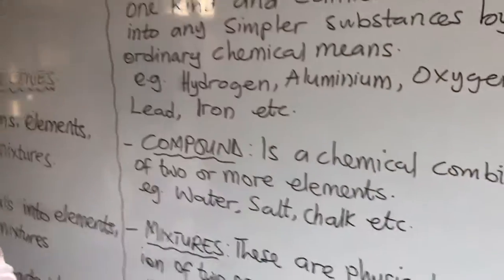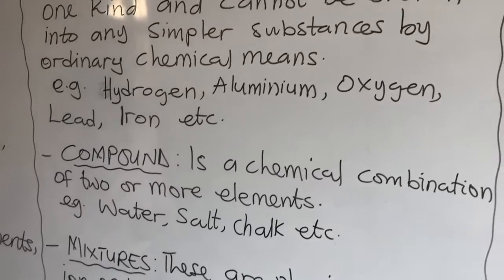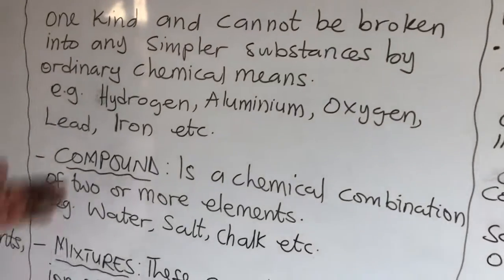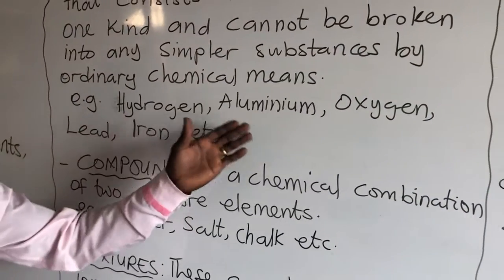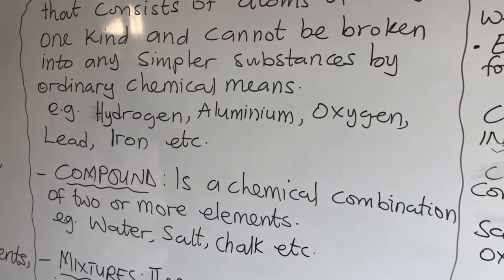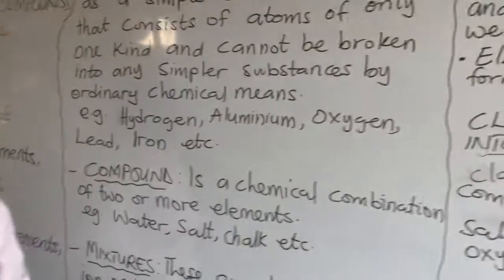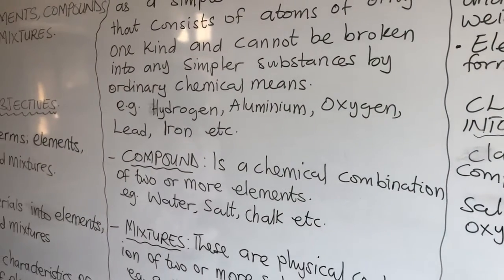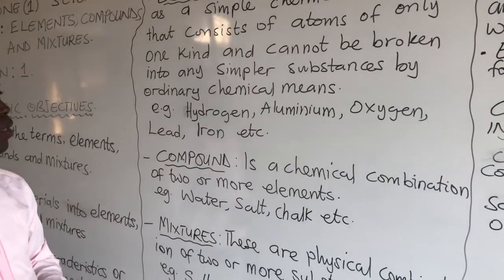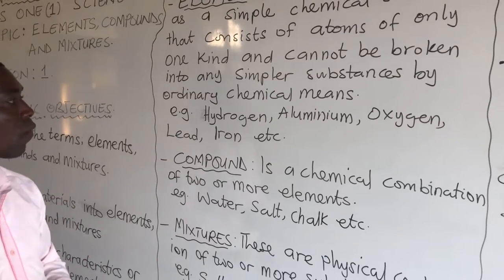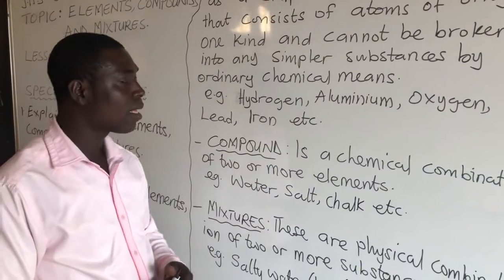Now let's look at some examples of elements. We have hydrogen, aluminium, which you all know is common. Aluminium is a metal. We also have oxygen, which is a natural element in gaseous form, and that is what? Air.